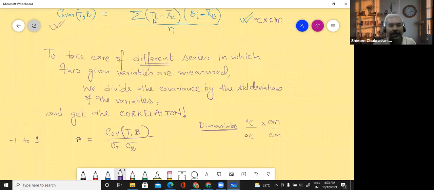Covariance can be anything, anywhere, but correlation gives a value between -1 and 1. So now we can compare correlation between temperature and distance, and correlation between another pair, say temperature and rainfall in centimeters. So we can compare the strength of relationships between two pairs of variables using correlation.